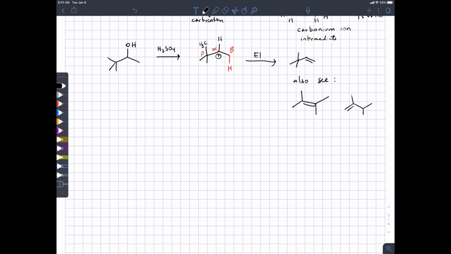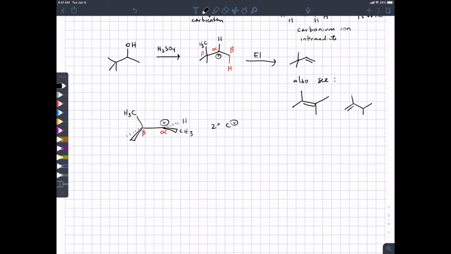Let me try to show you how this would look. I'm not going to draw the orbitals this time. So here's your secondary carbocation. Here's the alpha carbon. This is a beta carbon.